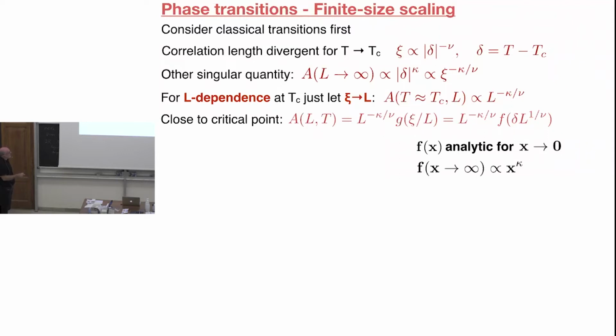And then this form also has to be consistent with the thermodynamic limit where there's no system size. So that implies that you have to get rid of this L dependence, and that you can do if this function f, and I call the argument x here, is this specific power of x. Then you get the thermodynamic limit behavior. Okay, so that's basically how finite size scaling works.